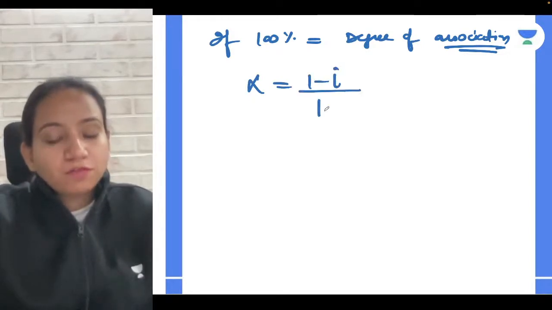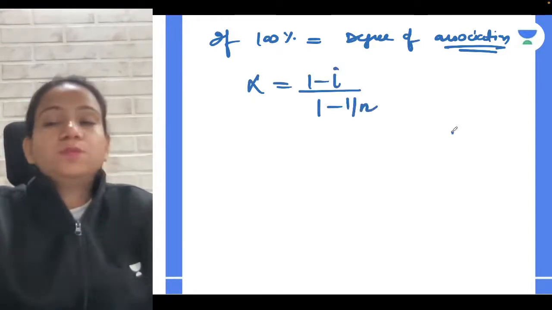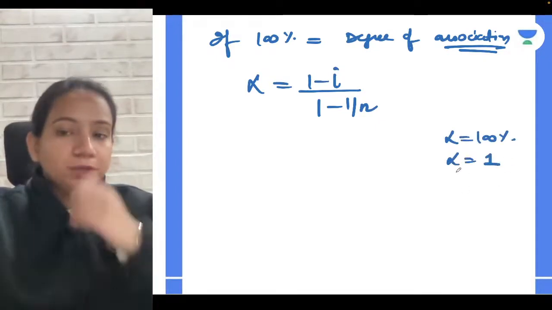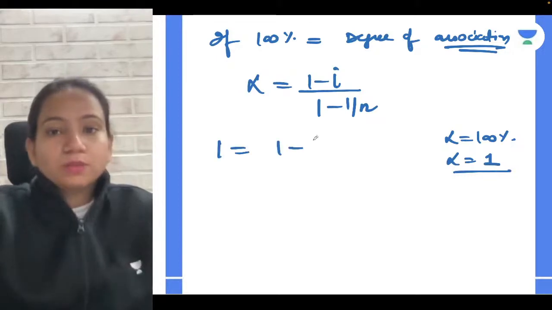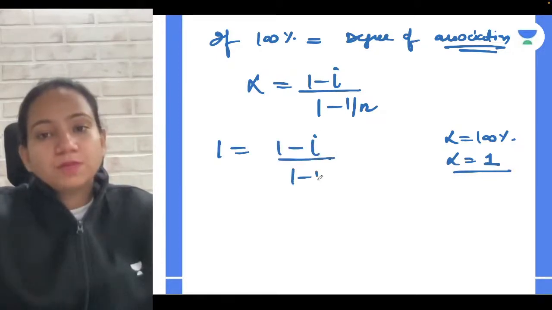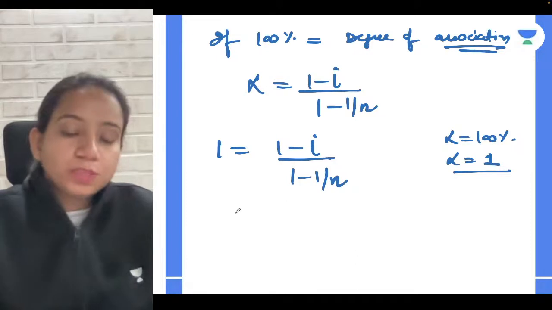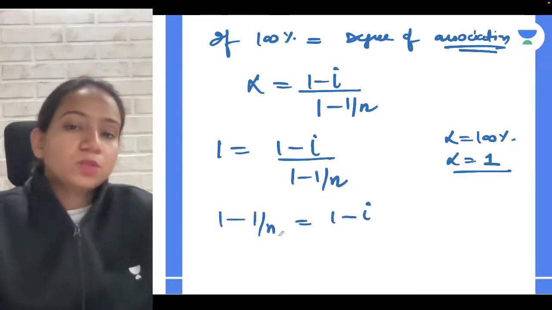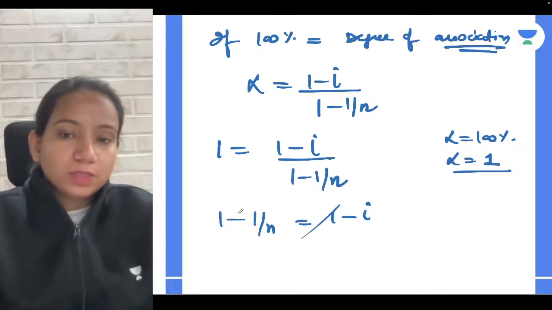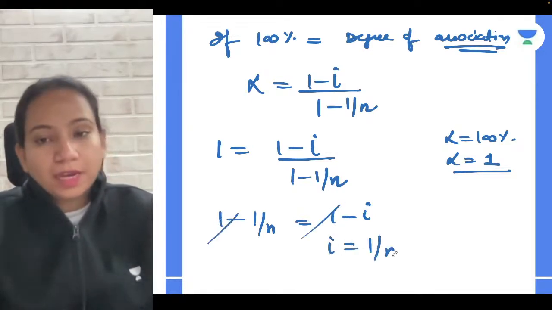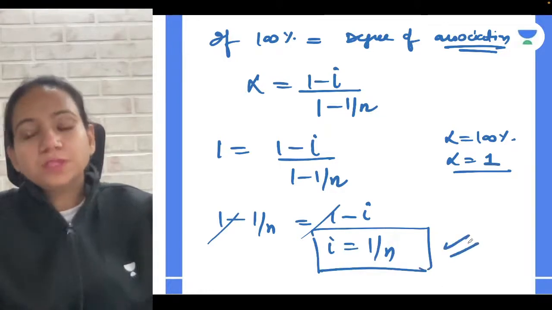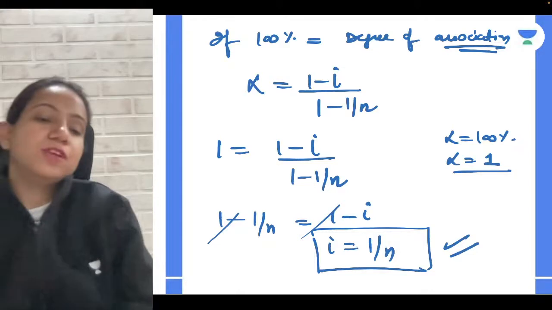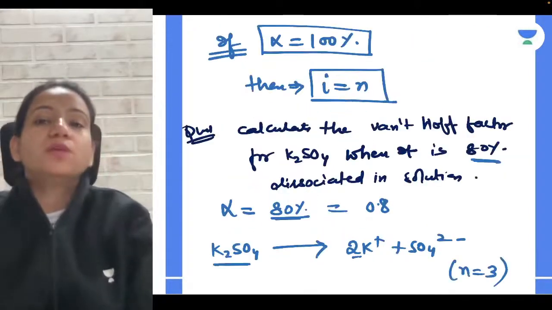We have the formula alpha = (1 minus i) divided by (1 minus 1 upon n). So 1 = (1 minus i) divided by (1 minus 1 upon n). You will get 1 minus 1 upon n equal to 1 minus i. The 1 and 1 get cancelled, and you get i equal to 1 upon n. So if there is 100% association, i is equal to 1 upon n.